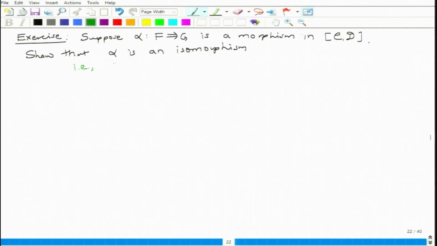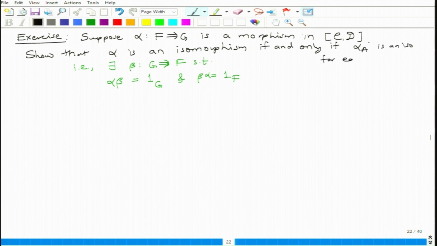I.e. there exists beta from G to F such that alpha beta is equal to identity on G and beta alpha is equal to identity on F if and only if alpha A is an iso for each A in object of C. So you can check whether the natural transformation is an isomorphism or not based on the checking of the individual component morphisms.